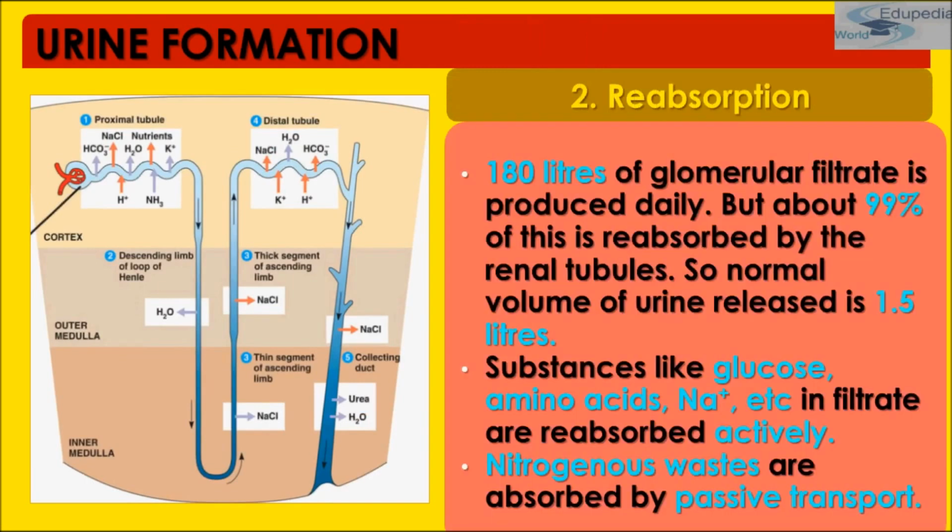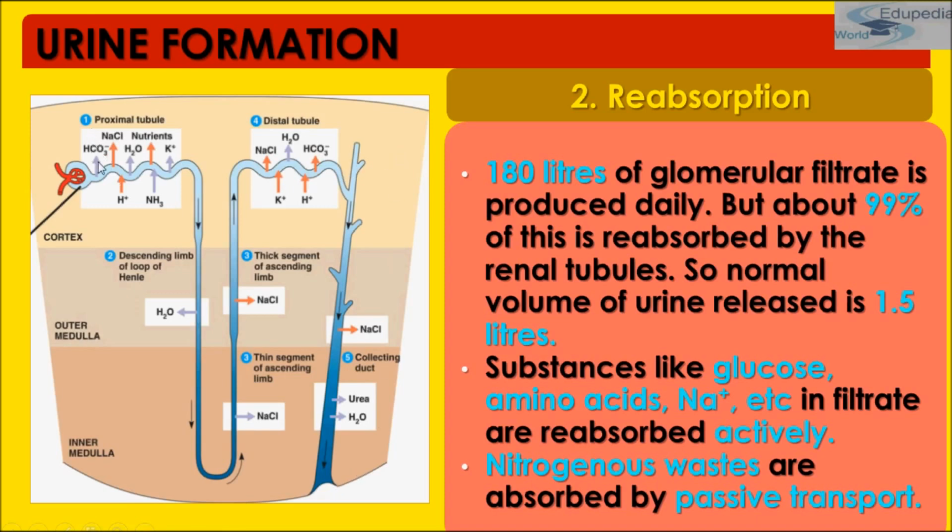Now coming to reabsorption, I have told you that reabsorption is also known as selective reabsorption, and it takes place in the renal tubule, and the renal tubule comprises the PCT. This is the PCT, the proximal tubule, and the loop of Henle, and the distal tubule, and the terminal duct.